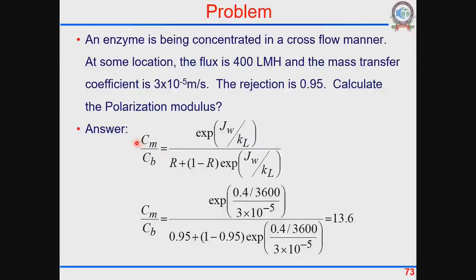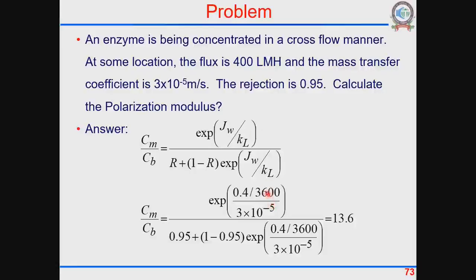So what we had seen was the ratio of the concentration of the solute near the membrane surface to that of the bulk. We had derived this equation based on the flux as well as the mass transfer coefficient. So if you substitute the values, you will be able to get the answer. So the flux here is 400 LMH, that is 0.4 meter cube per meter square hour, which is the same as 0.4 meter per hour.